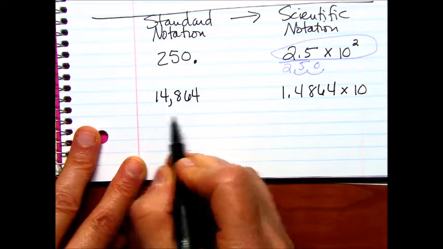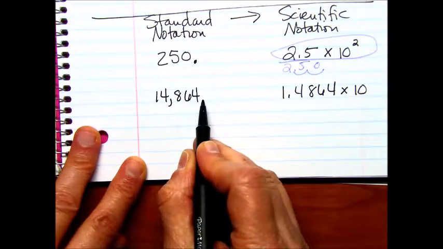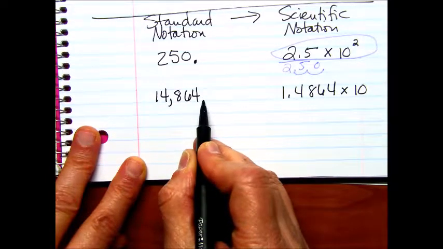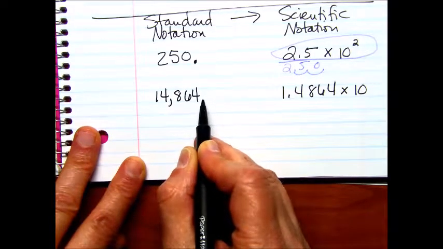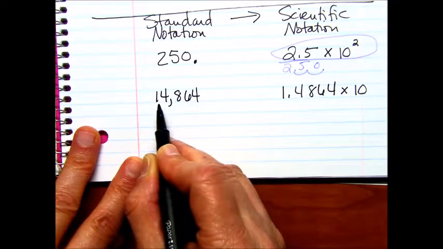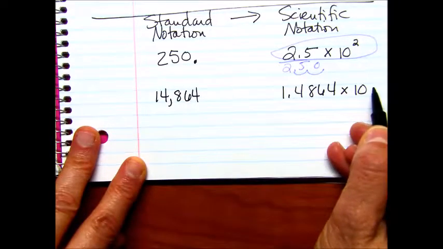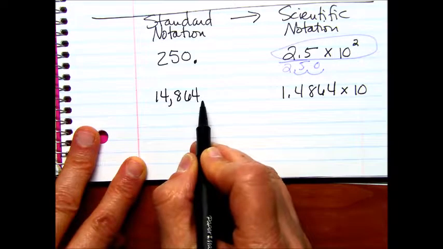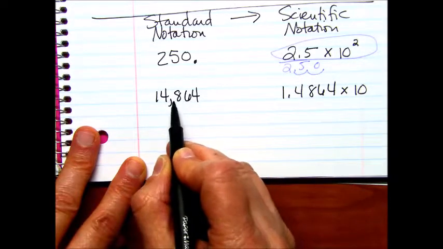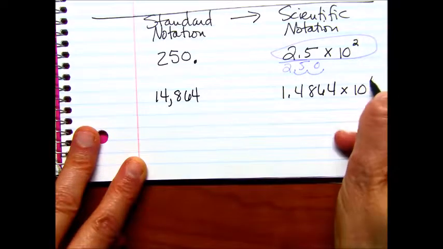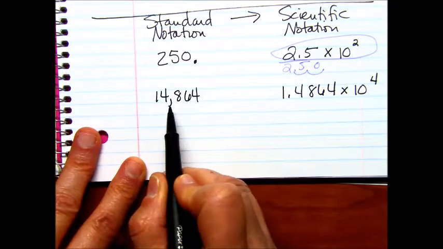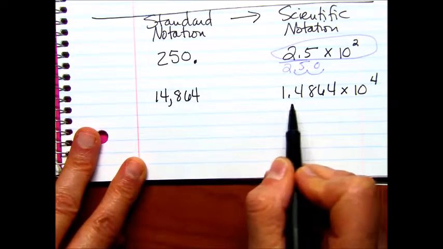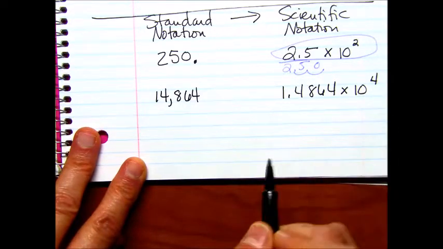So again, if this is our decimal, and we don't usually write a decimal after the last digit, but it's there, we're basically saying how many places do we need to go in this direction to tell us what our exponent is going to be over here. And so if we do that, we go 1, 2, 3, 4. This is going to be a 4. Okay, so we basically went from 14,864 to 1.4864 times 10 to the 4th power.